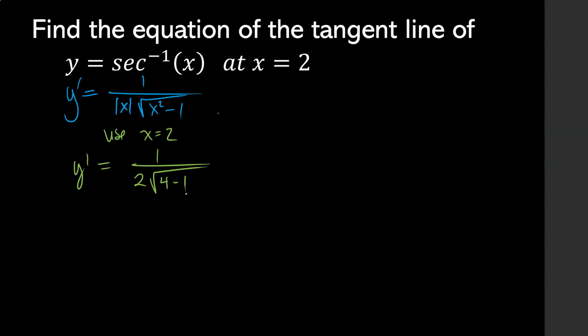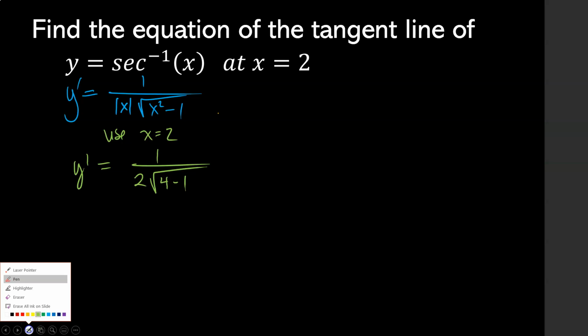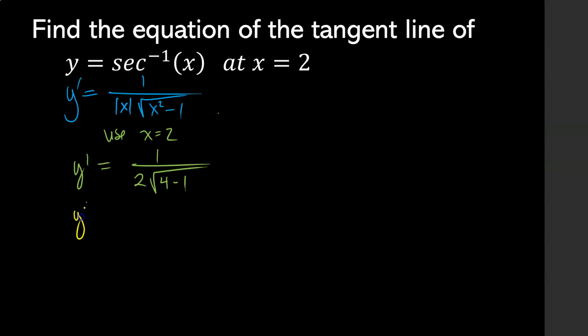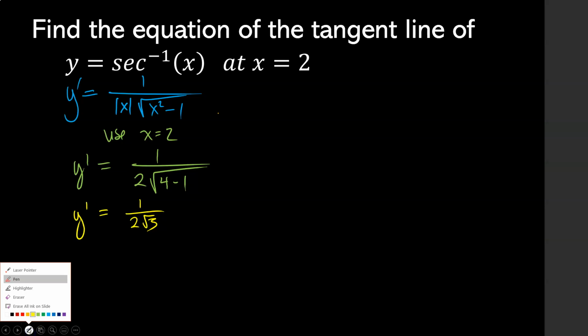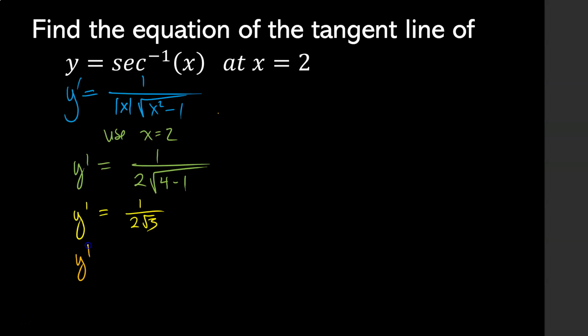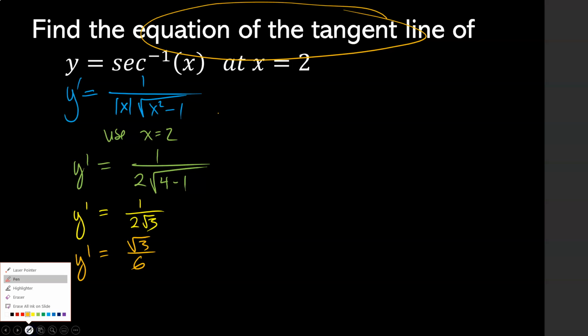And so what do we get? 1 over 2 root 3. And you can leave it that way, but I think a lot of people are taught, hey, rationalize, so root 3 over 6. Multiply by square root of 3 over square root of 3.